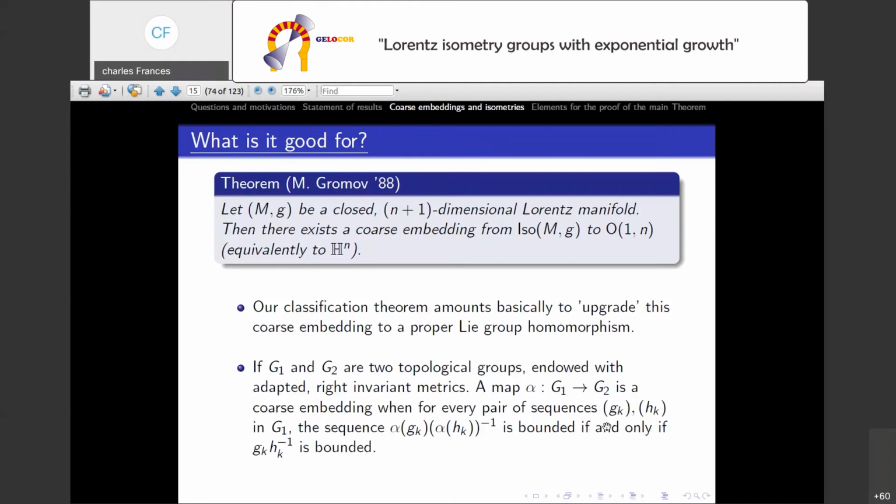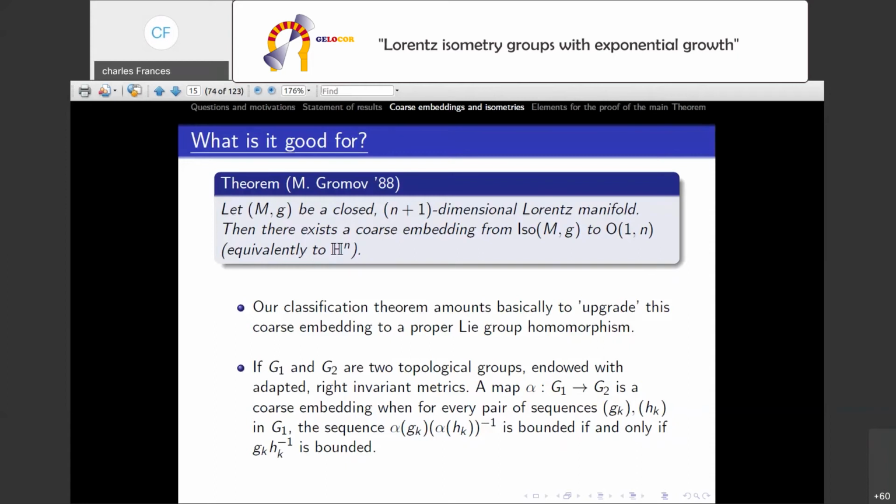For every pair g_k and h_k of sequences in the initial group G1, the sequence α(g_k)α(h_k)^-1 is bounded in G2 if and only if the sequence g_k h_k^-1 is bounded in G1. So you can check that for reasonable distances on G1 and G2, it satisfies the previous definition. And that's for groups, that's the definition we will retain.